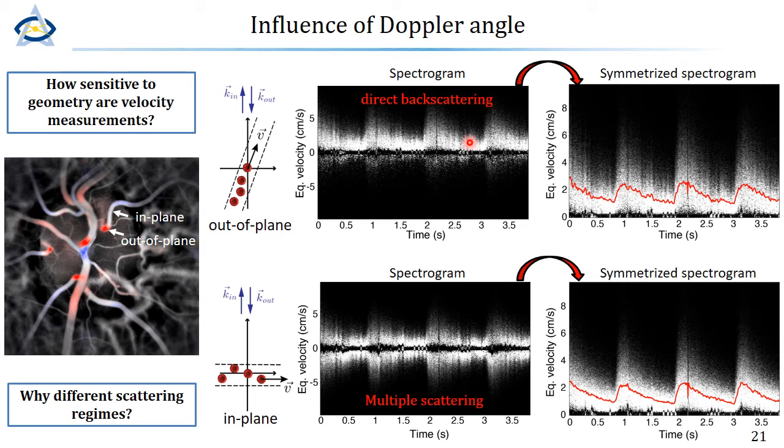We hypothesize that it might be because of the preferential red cell orientations according to the flow and the anisotropy of the red cells, or it might also be because of the larger volume that is probed in an out-of-plane section, or we don't know.